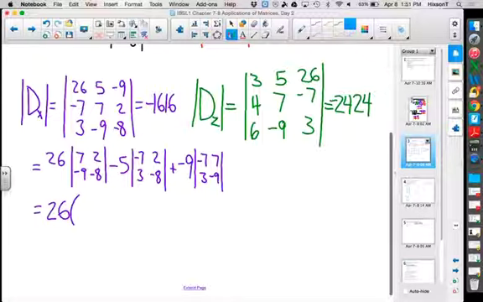Plus 18. I got different. I got 3 minus 21.